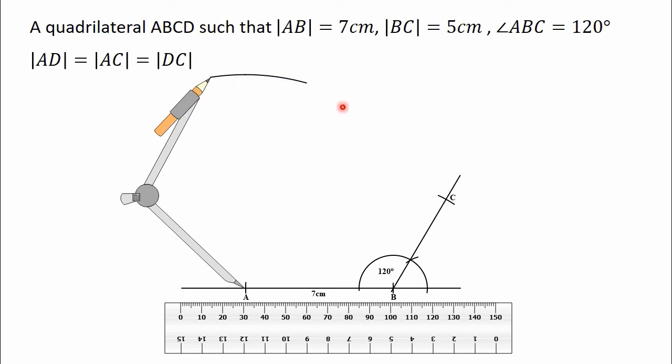To help us get the exact position of point D, the question continues to tell us that the distance AC is equal to the distance DC.